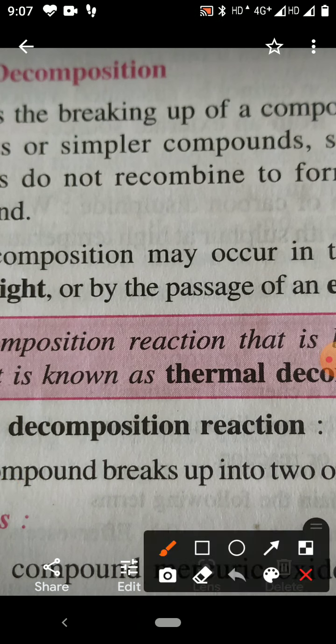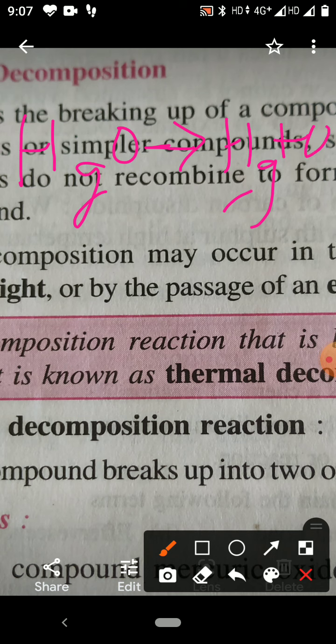See, an example of this type of reaction is mercuric oxide, that is HgO. It is going to break into mercury and oxygen. So here a compound is going to break into two elements.